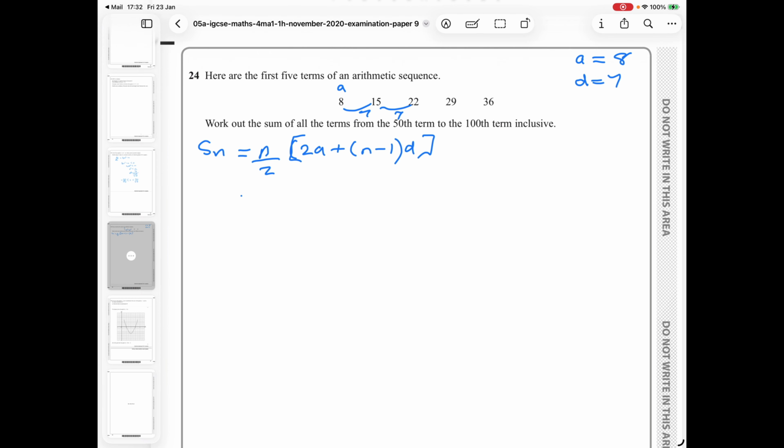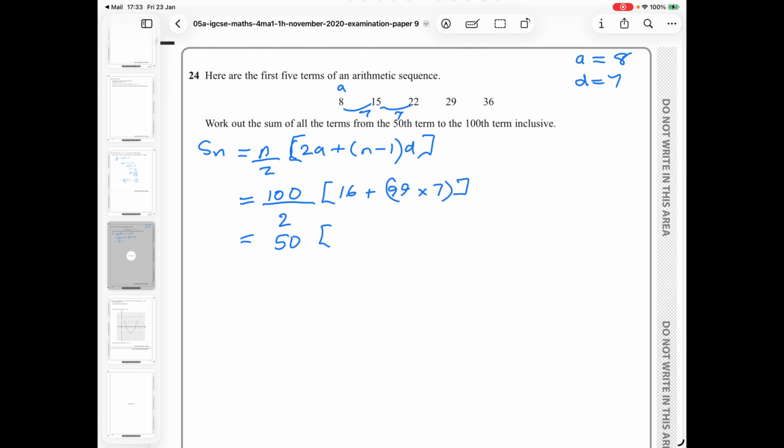So everything up to 100 would be 100 over 2 times (16 plus 99 times 7). So that would be 50 times whatever 99 times 7 plus 16 is.